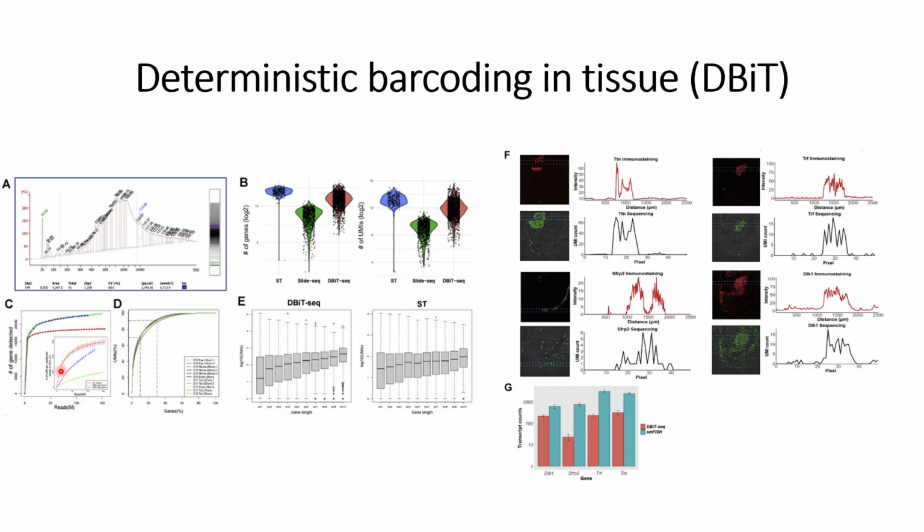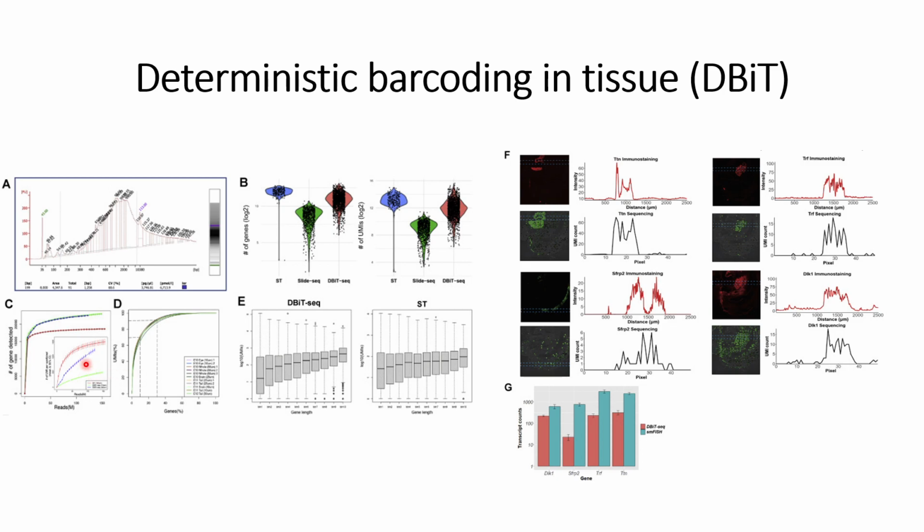And this inner figure is about the unique molecular identifier by read length, and what the paper says is that unique molecular identifiers are higher in the case of the spatial transcriptomes compared to DBiT-seq with a 10 micrometer channel or 50 micrometer channels.